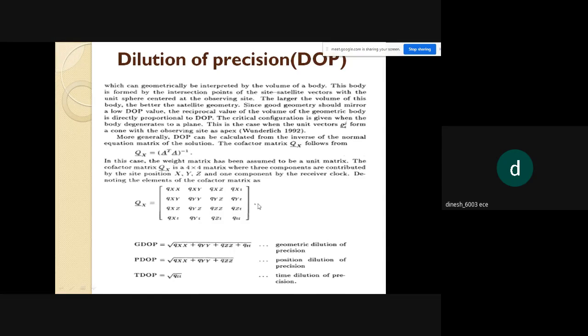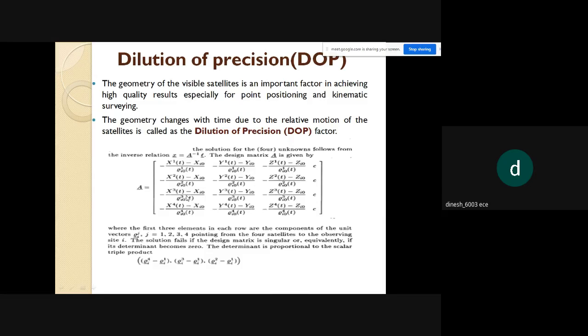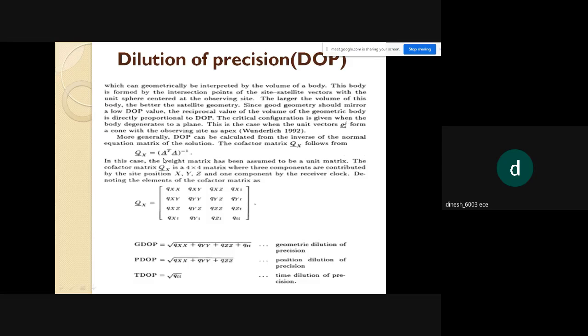So this is obtained by the DOP matrix. QX is equal to A transpose into A, the whole inverse. So A transpose is here, A is here, transposition, transpose of that matrix and inverse of that.